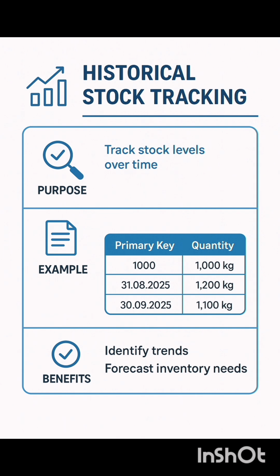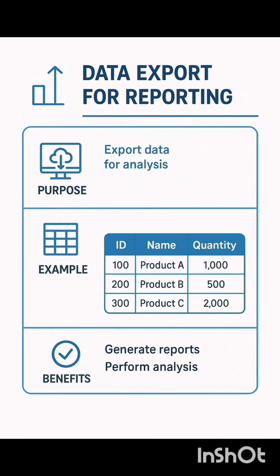The second major use of MB5B is data export for reporting. After you view your stock data in MB5B, you can export it to Excel or other reporting tools for detailed analysis.